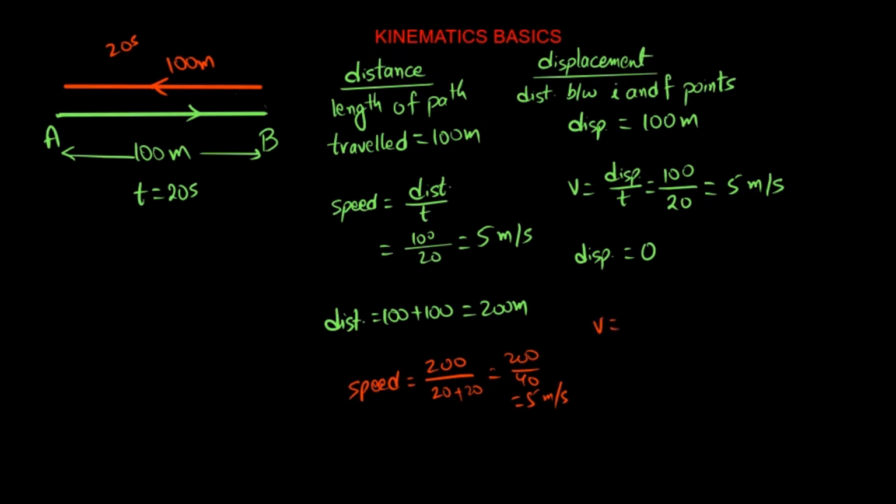Velocity would be displacement. Total displacement is 0. So 0 over 40 seconds. 0 divided by any number is 0. So the velocity is 0.